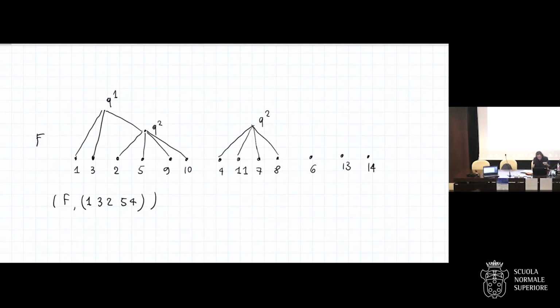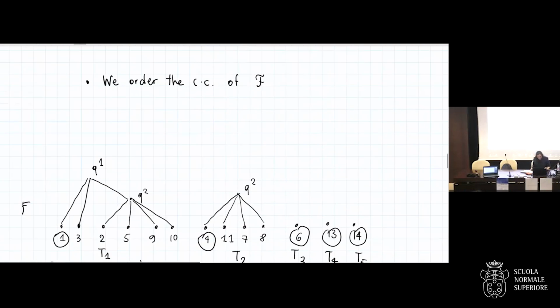A nice one may be just looking at the smallest leaf we can find in each connected component. So here we have 1, 4, 6, 13, and 14. So one could say that this is tree number 1, this is tree number 2, this is tree number 3, 4, and 5.